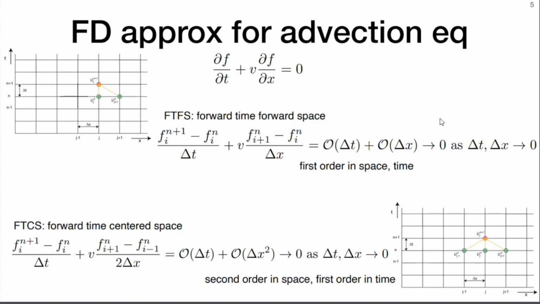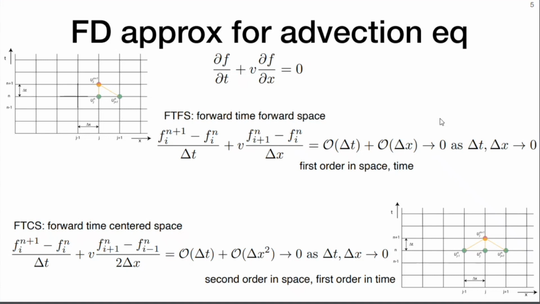This is f i n plus 1, the n plus 1 point at the same location. This is f i plus 1 at n. So what this is suggesting is that this point in the next step only depends on the value of f here and here in the previous time step.